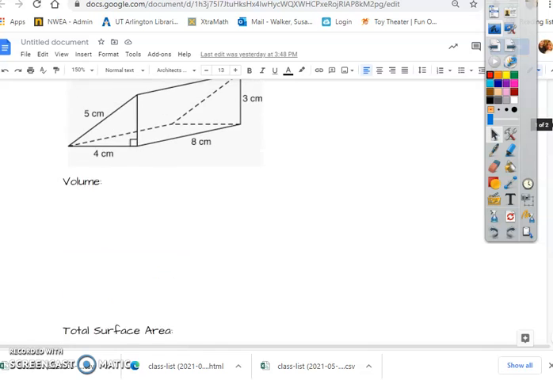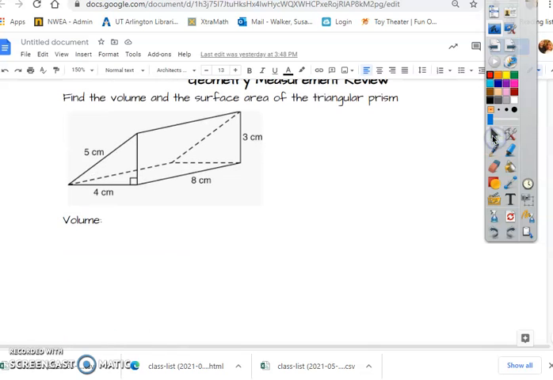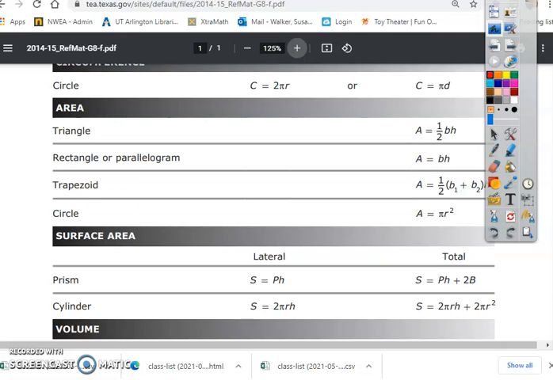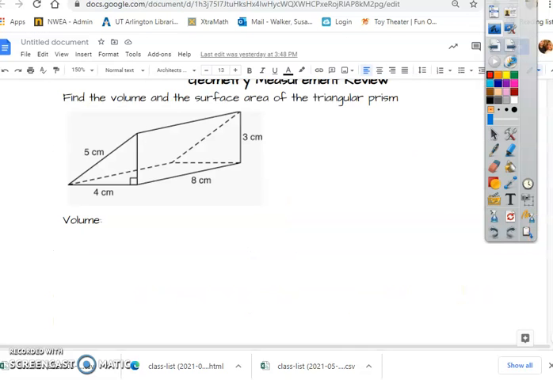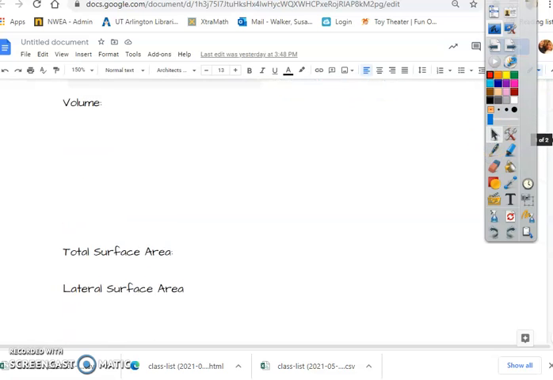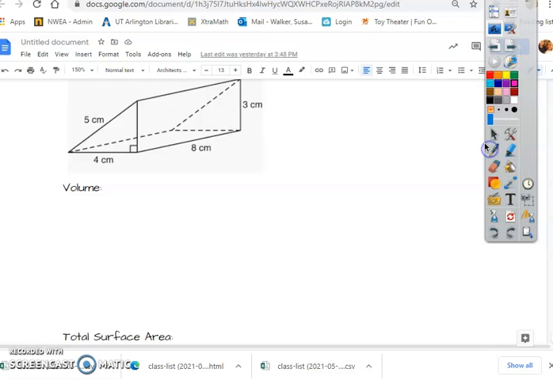Okay, so now we're going to do volume of the prism. So again, prism, that's surface area. I don't want surface area. Volume, V equals big BH. So I'm going to go down to where it says volume. Actually, it's right here. V equals big BH.